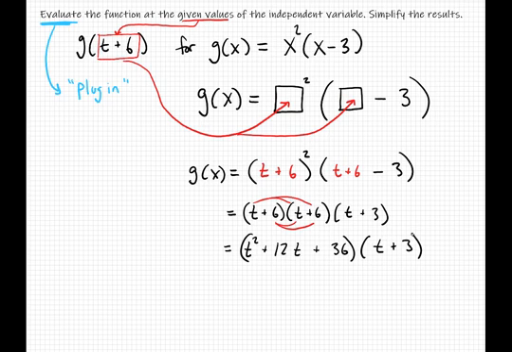Now we have to multiply the quadratic by the t plus 3. So everything is multiplied by t, and everything is multiplied by 3.